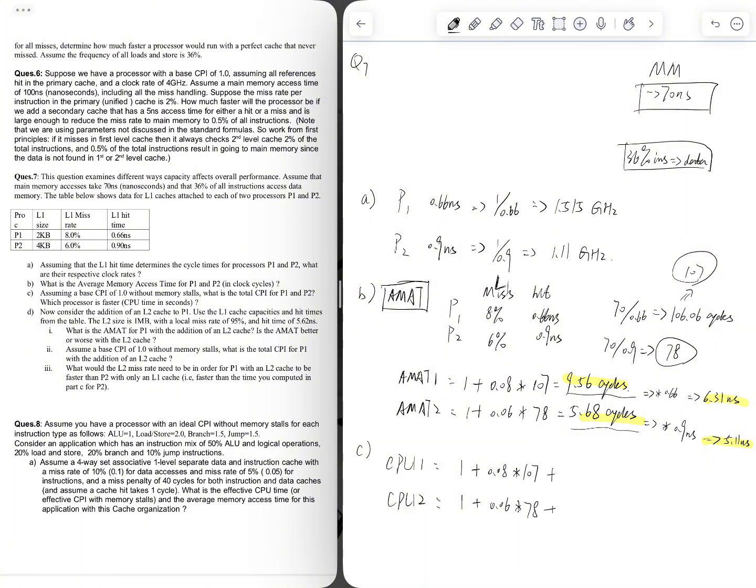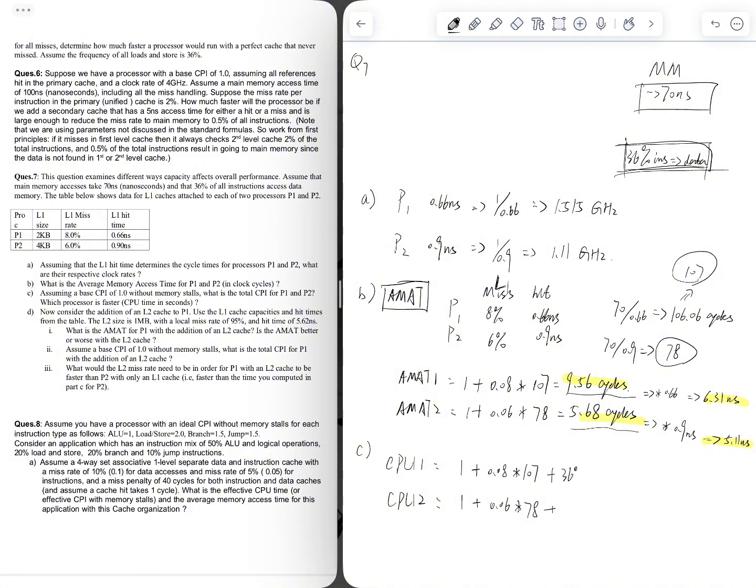And what's new is that when you think of the CPU, we think of the instruction fetch and data fetch, right? And 36% of the instructions we will need to fetch data. We will want to get data from the main memory, access data memory. So that's another thing we need to consider, right?